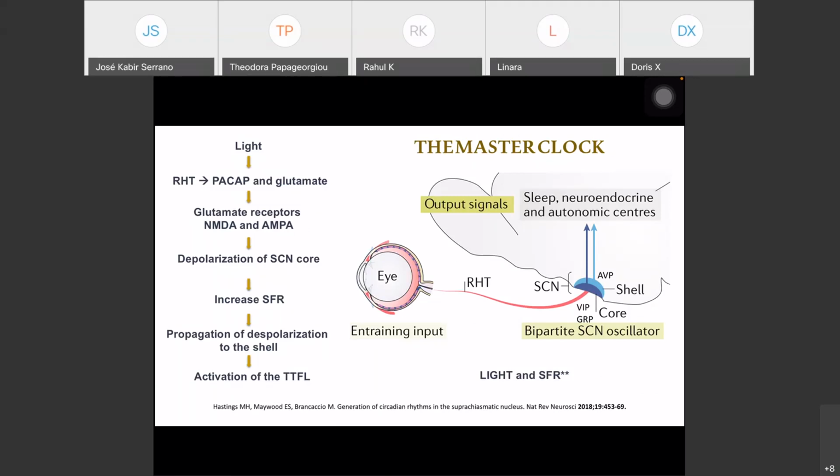Now that we understand the general organization of the circadian rhythm, we're going to talk about the master clock.